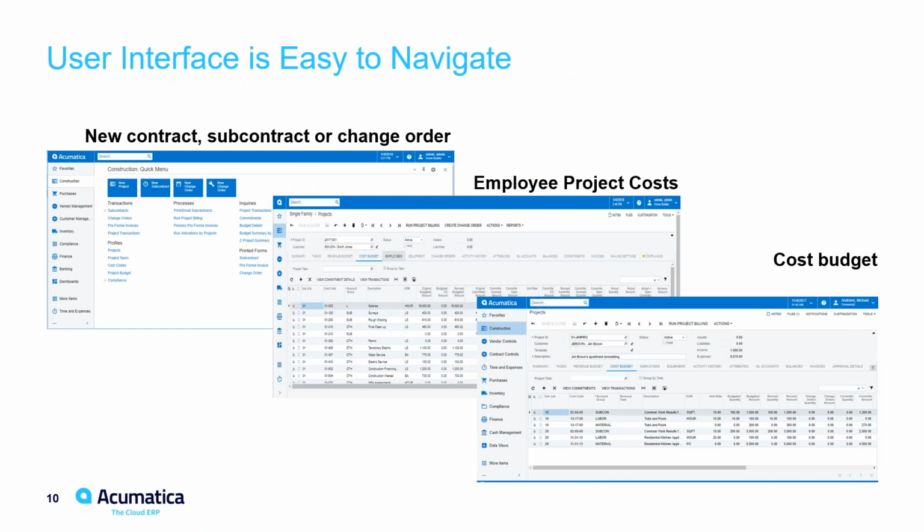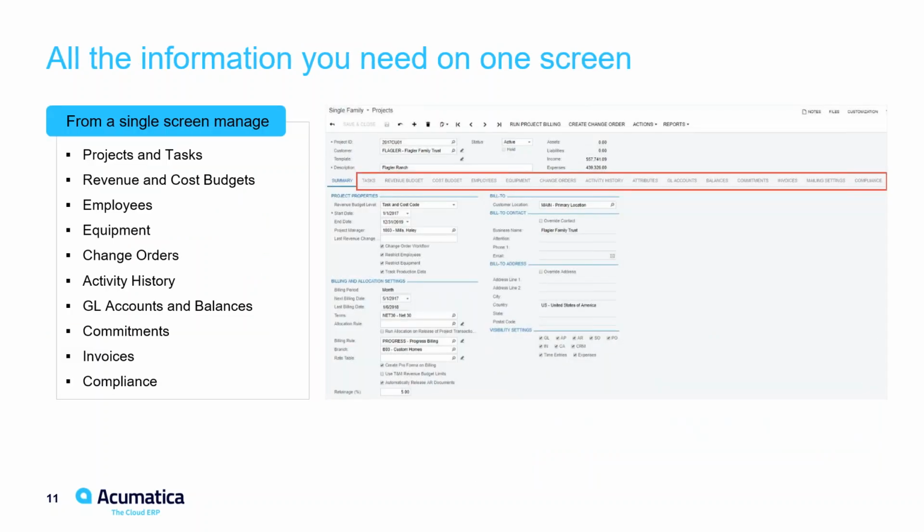One of the things Acumatica tried to do when building this is make an easy-to-use interface. Whether you're on a purchase order screen, a job screen, or a payable screen, the entry screens all look similar. Once you understand the flow of the program, you can move from page to page and understand what needs to be filled out and what you're going to get from that.